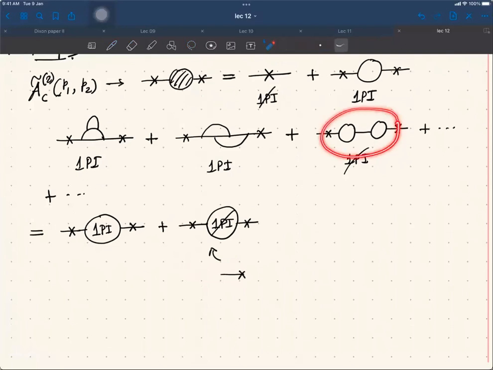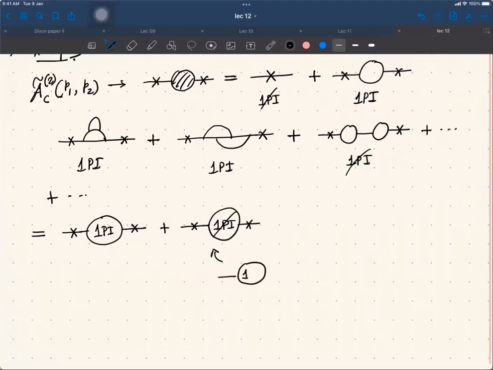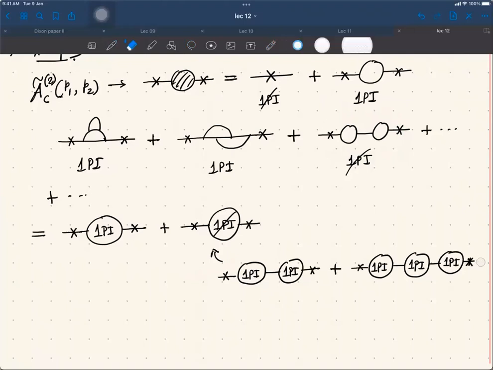It is like this, and so on. Basically, the 1 PI part is going to repeat, and that's like a GP series.